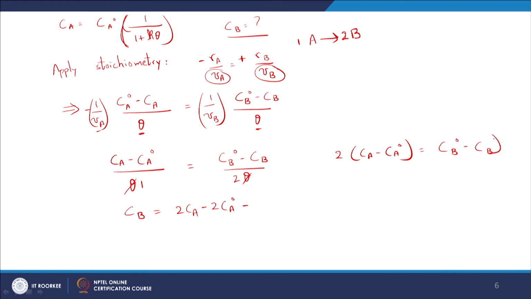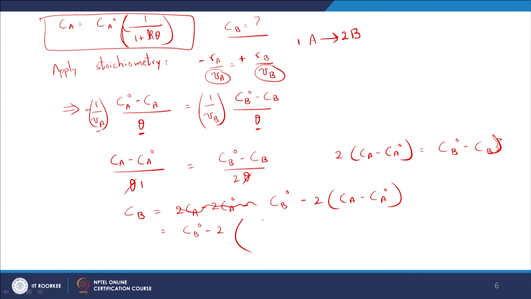So if I take this whole term to the left hand side, Cb is equal to Cb naught minus 2 times Ca minus Ca naught. And let us see what we have here. So Cb naught minus 2 times, and Ca we know from the equation here, what is Ca here, please? Ca naught by 1 plus k theta minus again Ca naught.